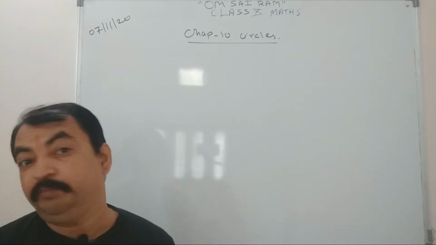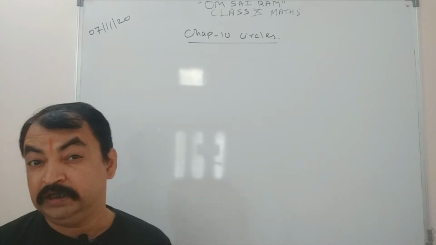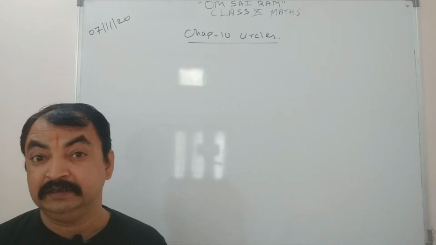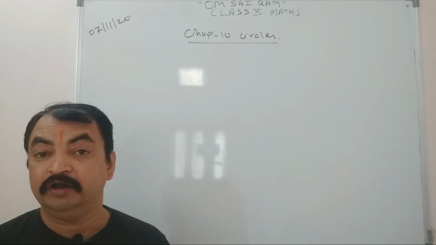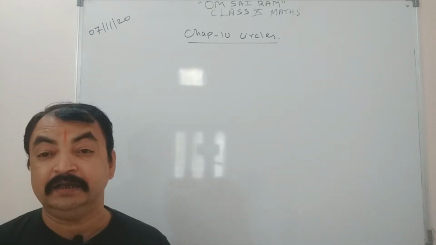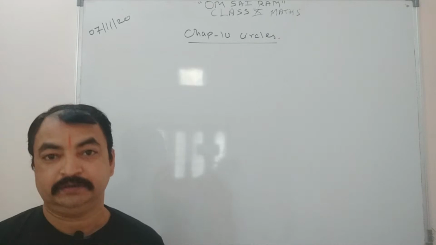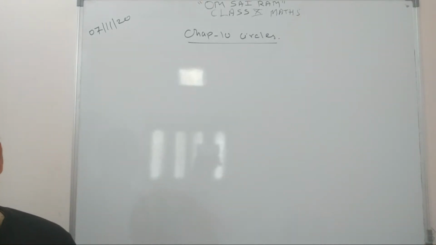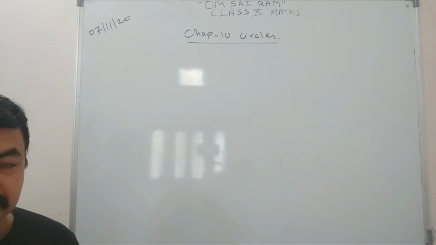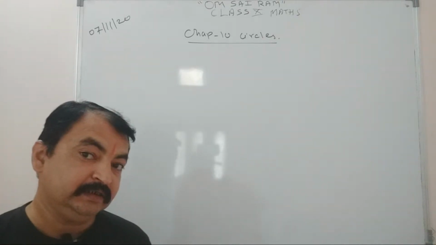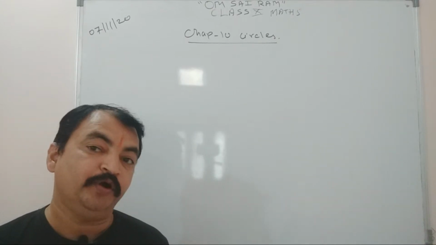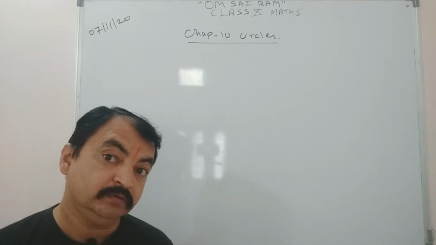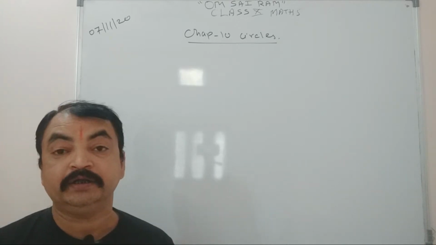See, you know the meaning of tangent. What is the meaning of tangent? A line intersecting the circle, or you can say touching the circle at a single point. The line that touches the circle at a single point, right? That is the tangent. And see, that point is the point of the tangent and also the end point of the radius.